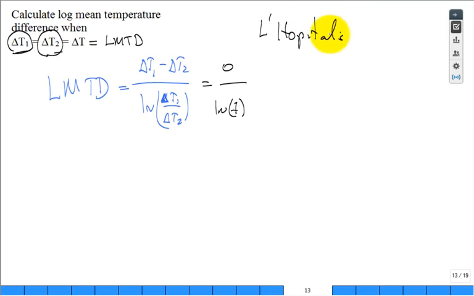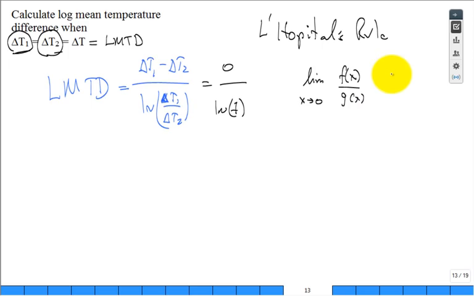L'Hopital's rule. This class is not hard. It's the prerequisite math and the prerequisite fluids and the prerequisite thermo. True? L'Hopital's rule. So if you're trying to take the limit of f of x divided by g of x, maybe as x goes to some value, I can pick 0, but you can pick a or a constant, something else.